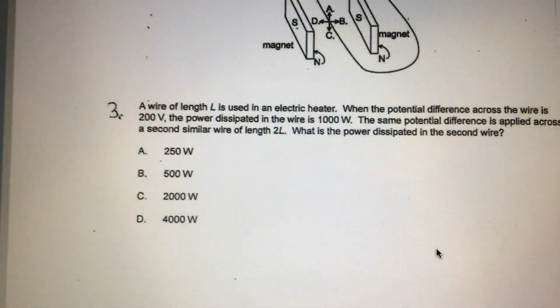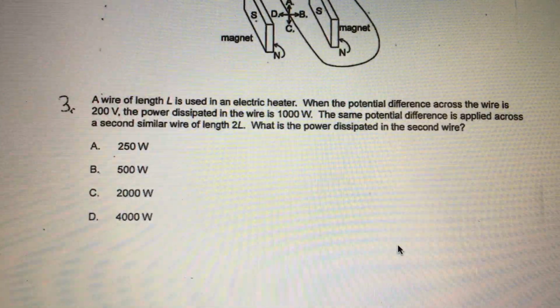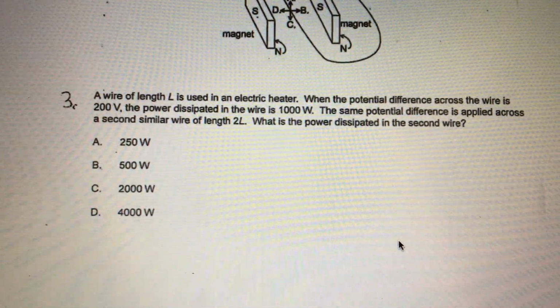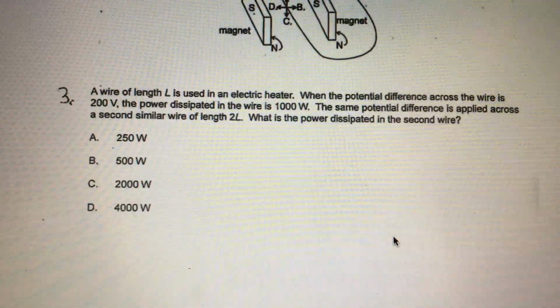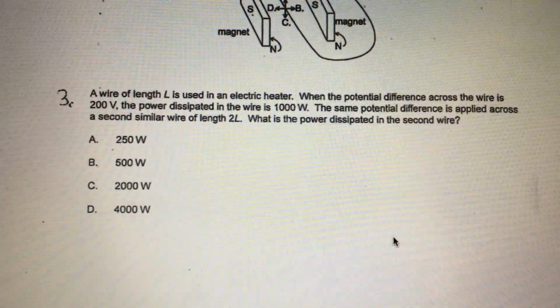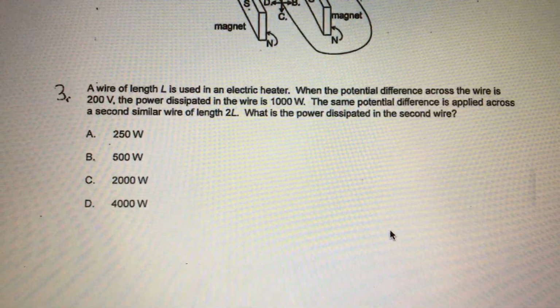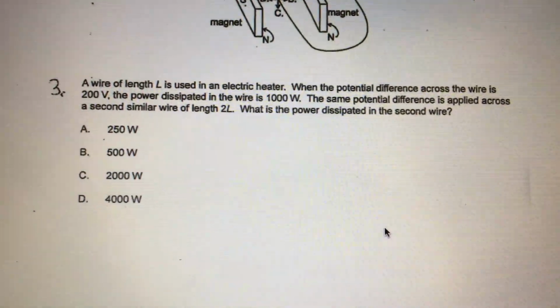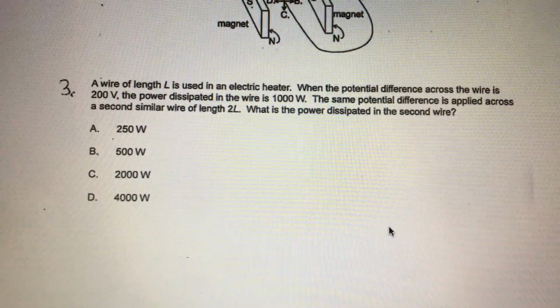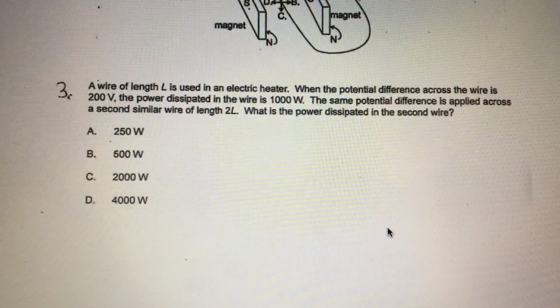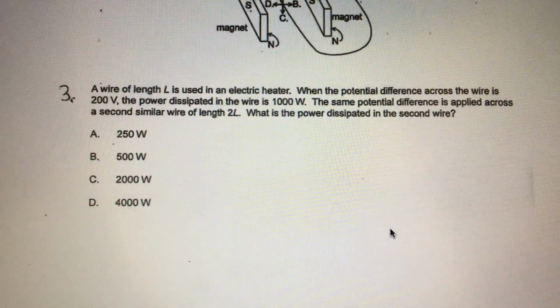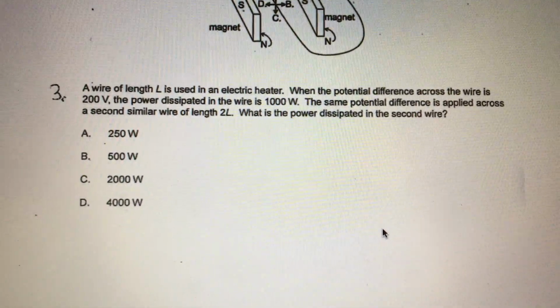A length of wire L is used in an electric heater. When a potential difference across the wire is 200 volts, the power dissipated is 1000 watts. The same potential difference of 200 volts is applied across a second similar wire of length 2L. What's the power dissipated? Well, if the length gets 2 times bigger, then the resistance gets 2 times bigger, because it's twice the length.